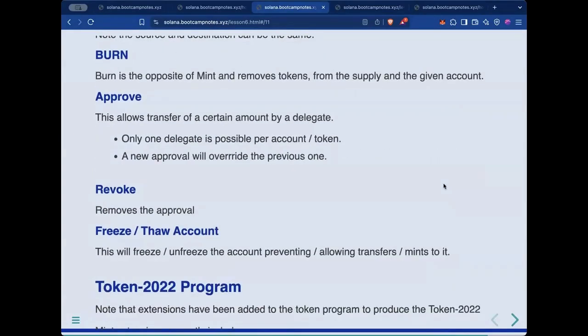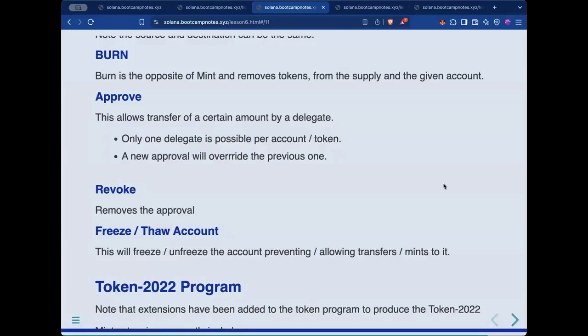Approval, again, is something that works differently to how it's done in Ethereum. If we set up an approval, that means we're going to allow someone else to spend tokens on our behalf. The way that works in the token program is that we can only do that for one delegate at a time.